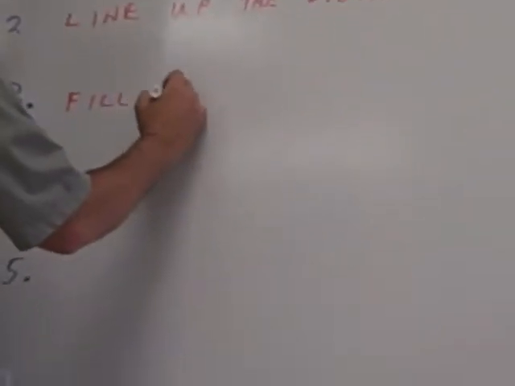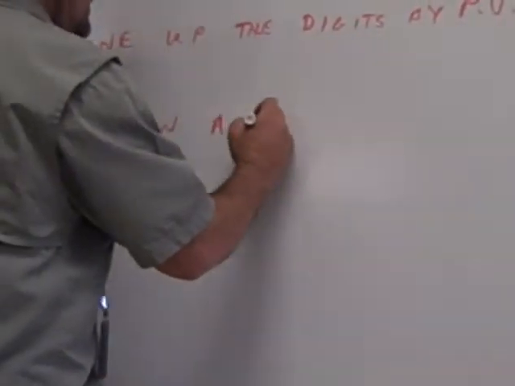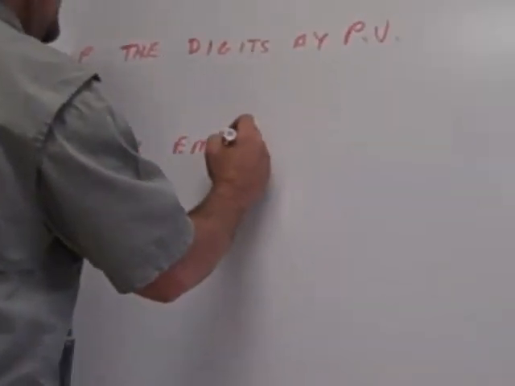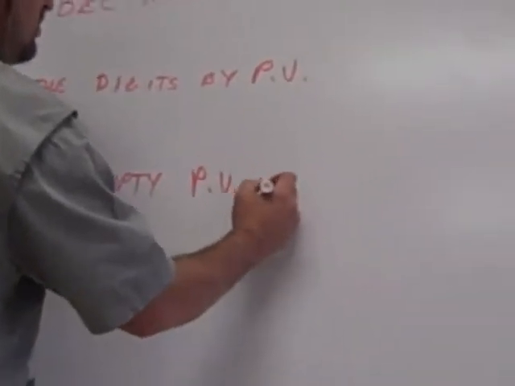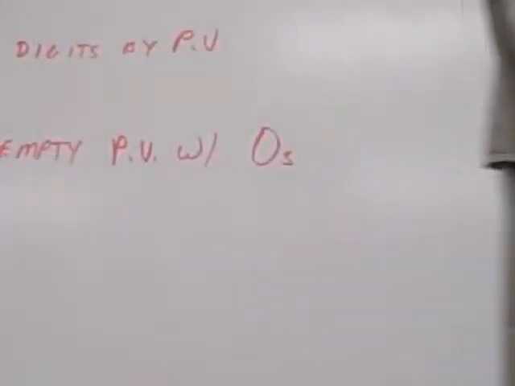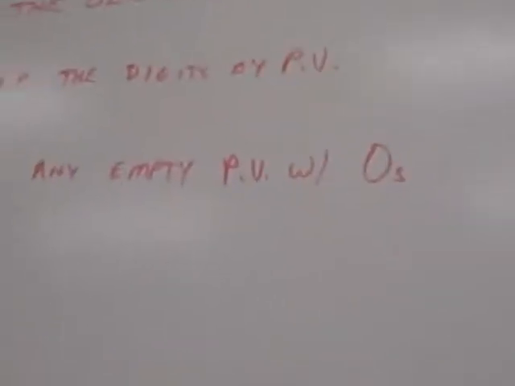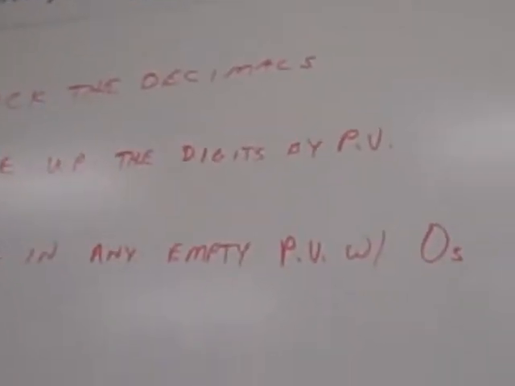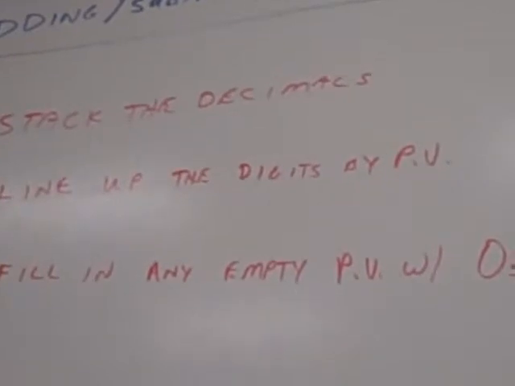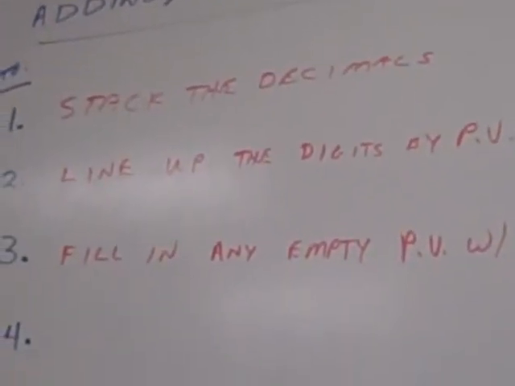Step 3. Fill in any empty PVs with what, y'all? With zeros. Now in this one, our first example, everything's filled in. I've got numbers on top of numbers. There's no empty PVs. But I got to have that in there just in case I come across one that has some empty spots.